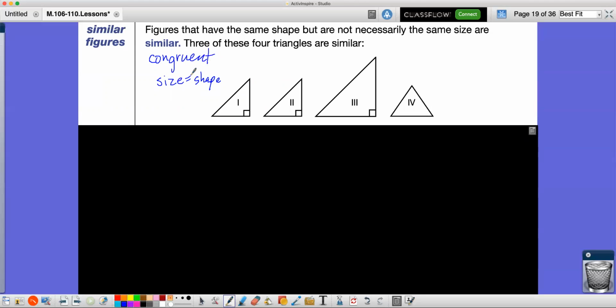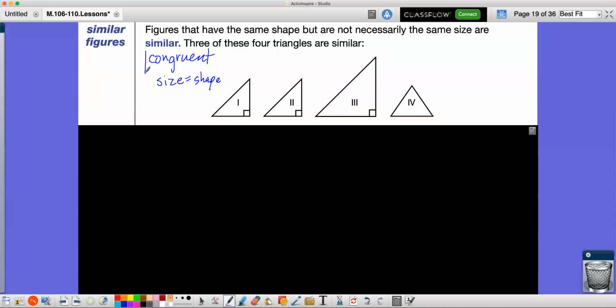So these would actually be identical, but this would be similar in that it is not the same size, but it is the same shape.